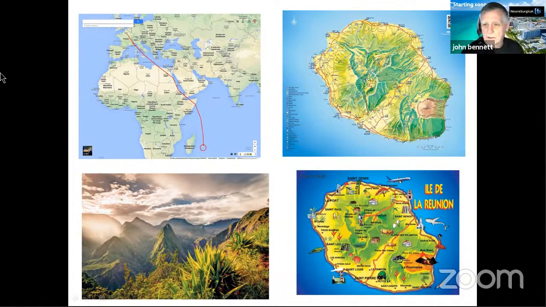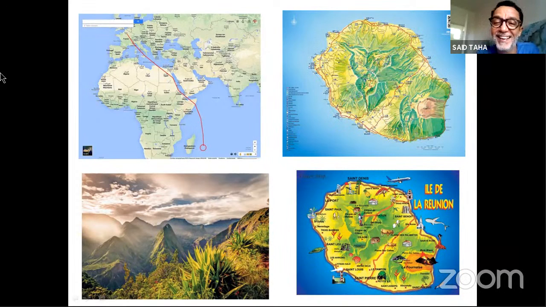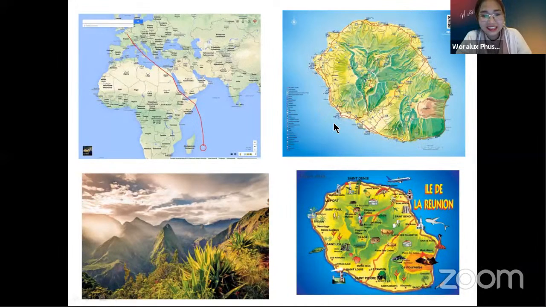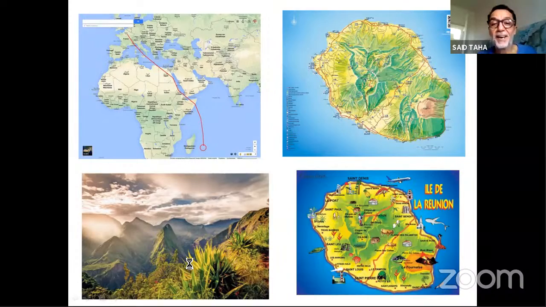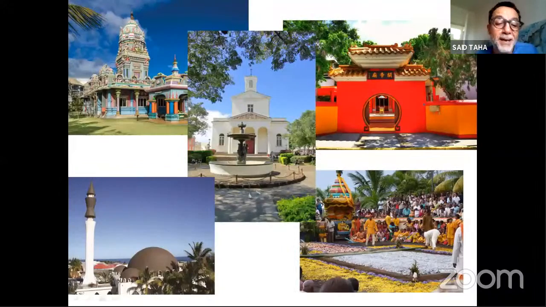But Warlick is the boss. Is that okay, Warlick? Yeah, let's do it. I don't know where it is either, but as I see it from his map, it looks really beautiful and interesting. Yes, it's very nice. We are a many-religion, multicultural island, and we live in peace.